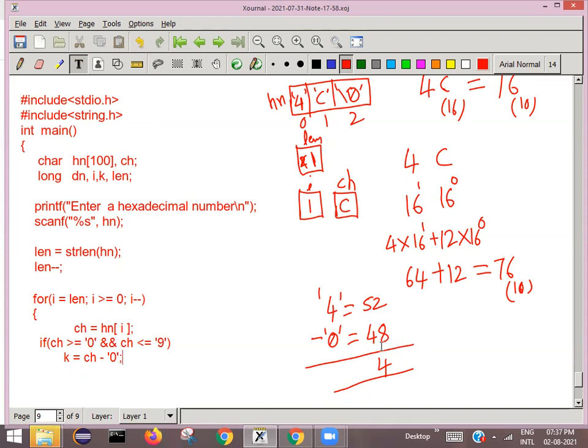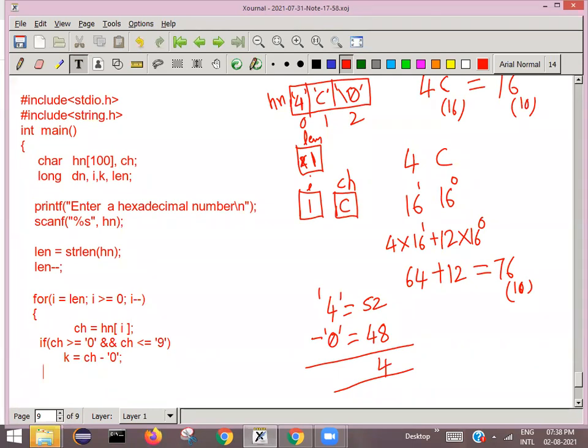Hope you understood the logic here. Ch is a character minus the 0 character. If I subtract, 52 minus 48 will be performed internally and the result will be 4, which I am storing into a long integer variable k here. Now what we need to do, we'll think of afterwards.